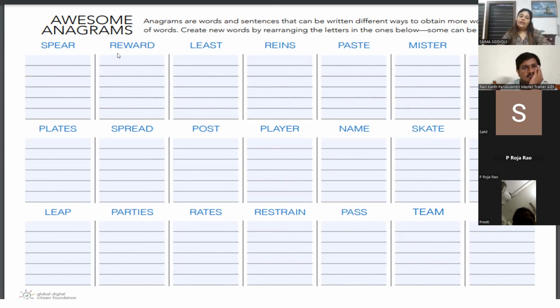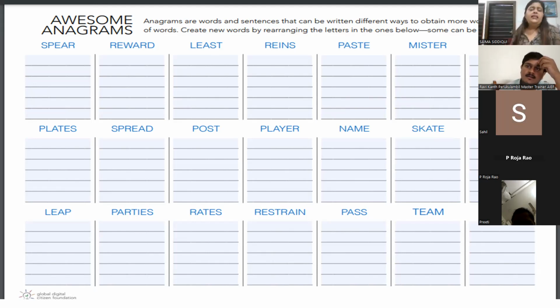Okay, you can skip some of the letters also, but then form a new word. RED, read. Okay, Edward, war, award. Okay, now coming to the third word, LEAST.